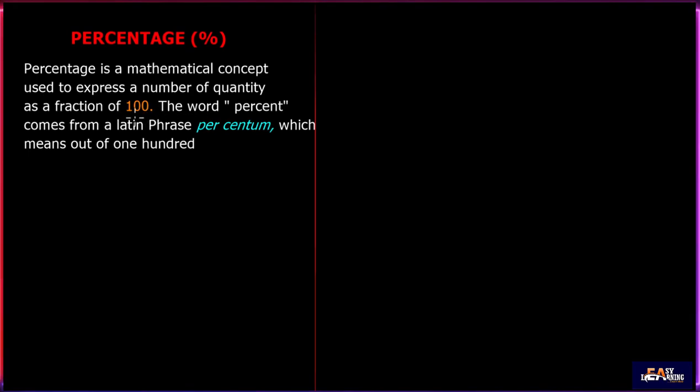The word percent comes from a Latin phrase, percentum, which means out of 100. What you need to know is that the word percentage comes from percentum, and it just means out of 100.